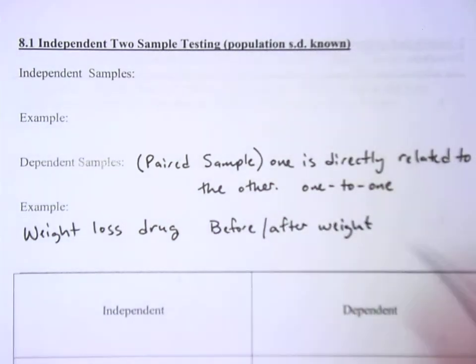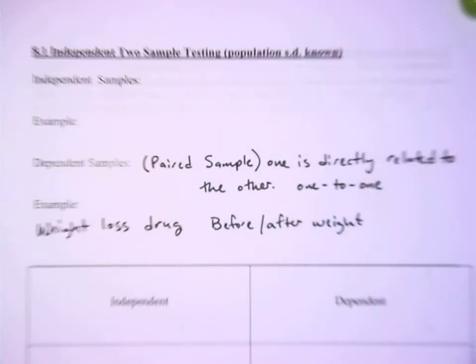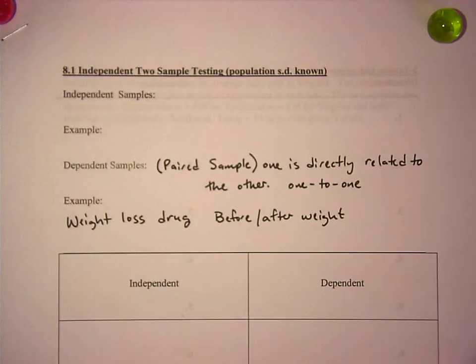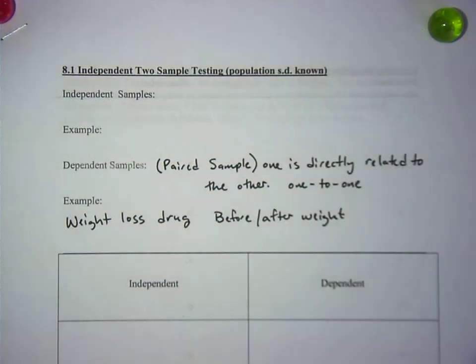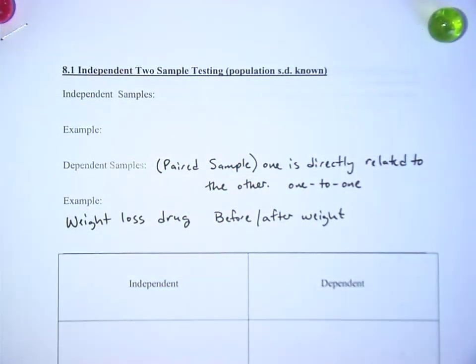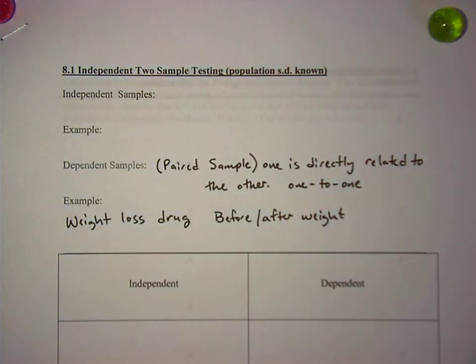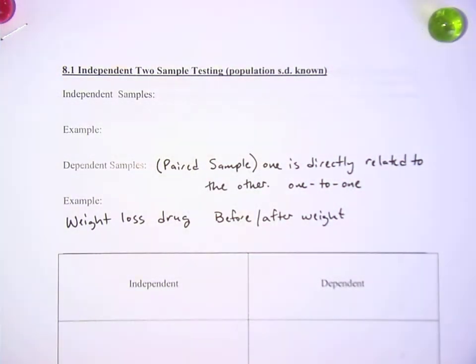That's definitely paired samples. It would make no sense that if I was taking a weight loss drug and so was Mitchell, we would compare Mitchell's before weight to my after weight. You have to be with the same person.